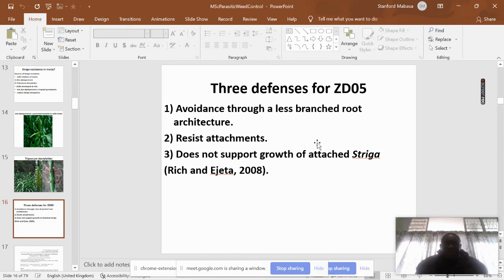But more importantly, it can resist attachments due to Striga infection. It also doesn't support growth of the attached Striga, as was reported by Rich and Ejeta in 2008.